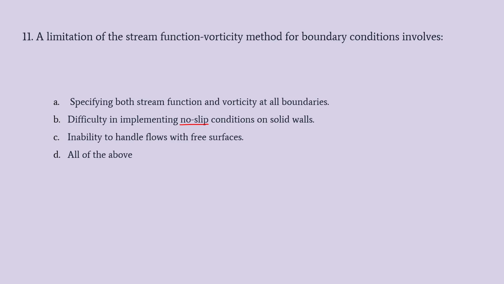Yes, option C is true. But let's see what this really means. So I already told you the stream function is psi and vorticity is omega. If you remember, the stream function psi should follow the Laplacian equation.